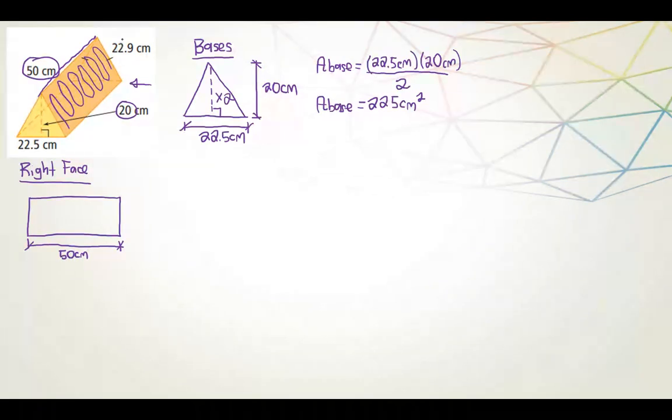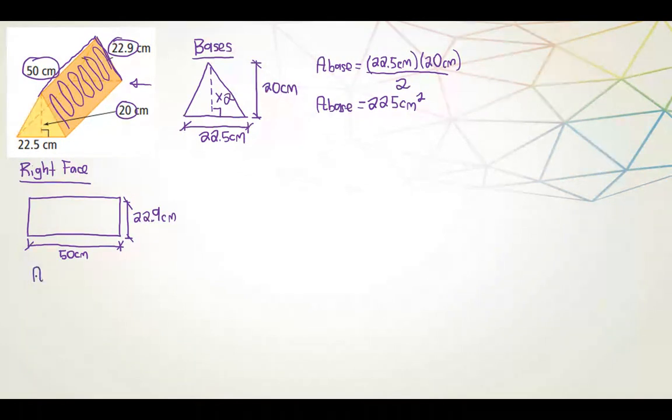The width of the rectangle is actually going to be this slant height now. The slant height of the triangle represents the width of the rectangle on the side. So that's going to be 22.9. Even though we don't use that slant height for the area of a triangle, we do need to use it for the area of the rectangle.